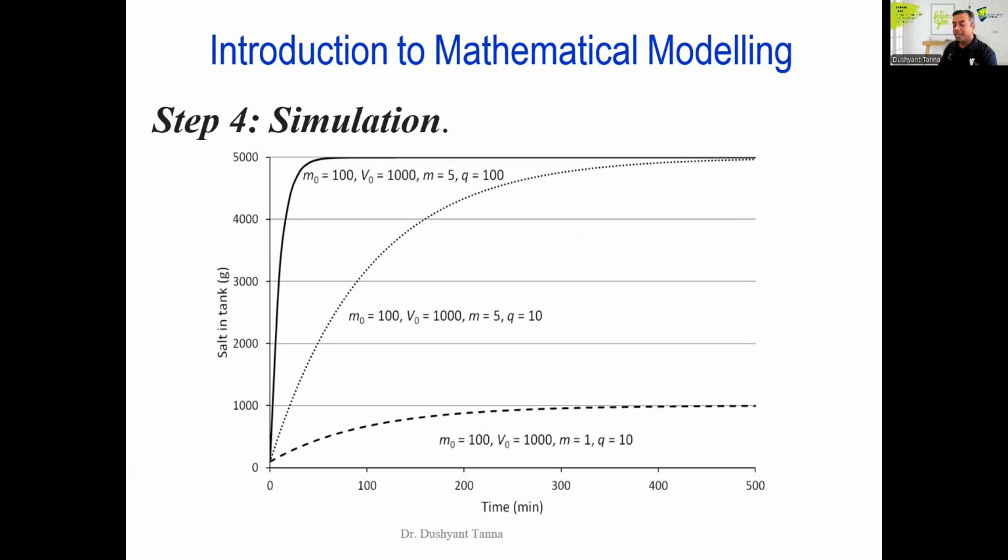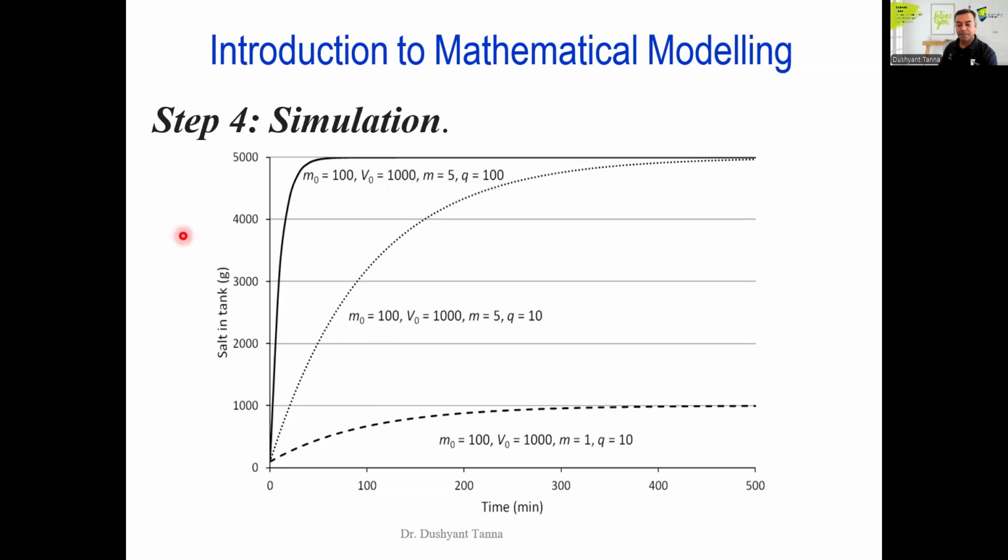But what if we have a different scenario? So this was the original part. We take a couple of variations. Over here, we keep M0 as 100 and V0 as 1000, but the intake concentration is 5, and the intake rate is 100 liters.